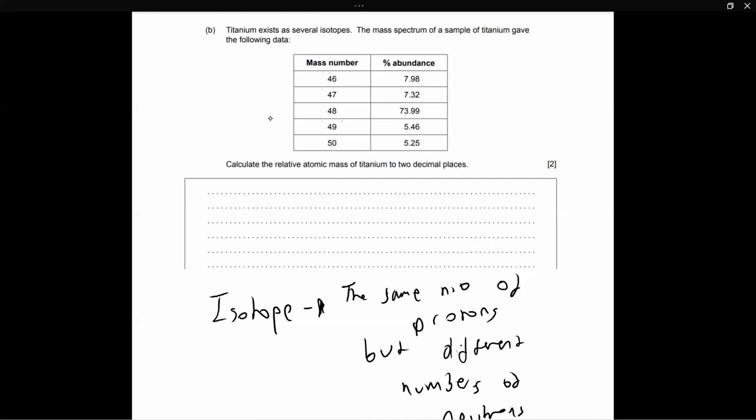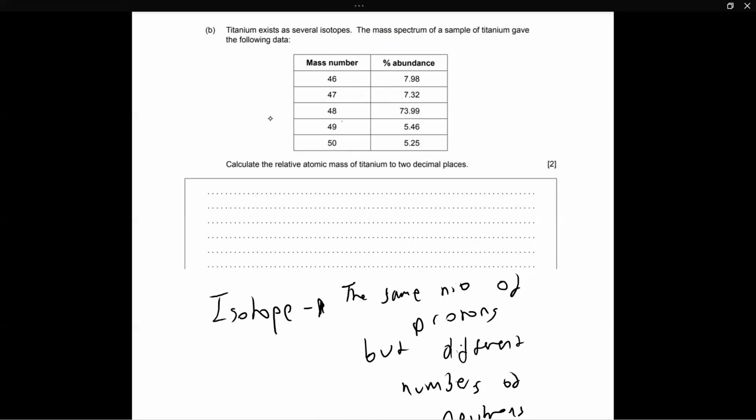So you could say the percentage abundance of Indians on Earth is about 14 or 15%. And just like that, different isotopes of titanium have different abundances. Some are more abundant than others, while others are less abundant or the same.